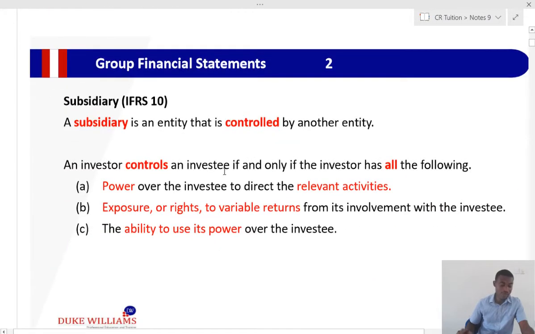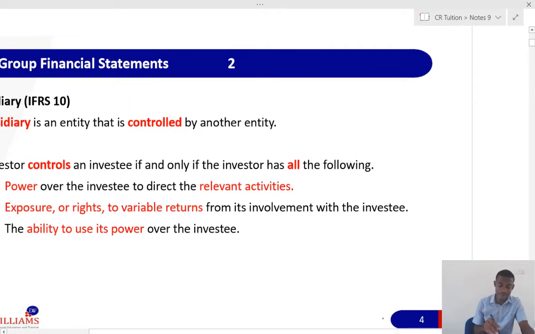To begin with, we have the definition of control and who a subsidiary is under IFRS 10. Starting with the definition of a subsidiary: a subsidiary is an entity that is controlled by another entity.